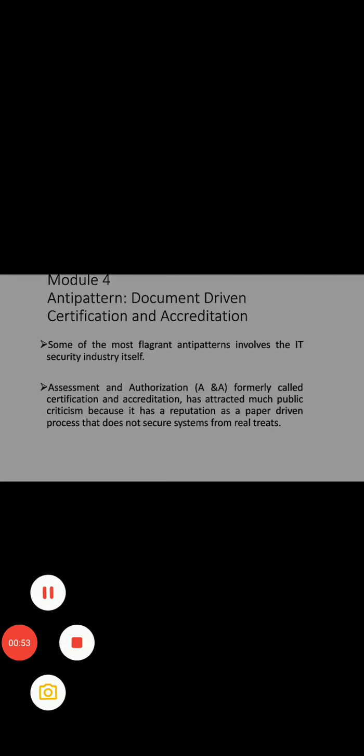It has attracted much public criticism because it has a reputation as a paper driven process that does not secure systems against real threats.